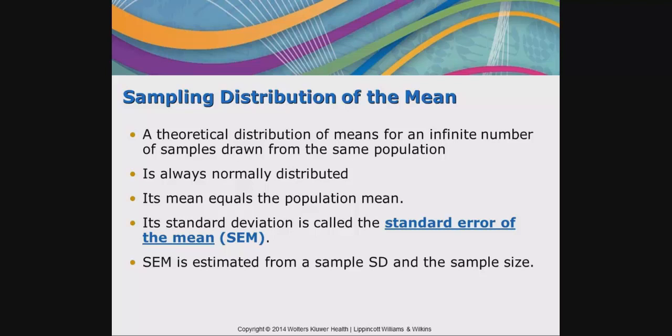And this term error really indicates that when there is a theoretical sampling distribution of the mean, it's used to estimate a population mean. Some error is likely to occur in that estimate just because of the theoretical nature of it, and just because of the numbers of scores you're dealing with. So the smaller the error, the greater the accuracy of the population estimates.